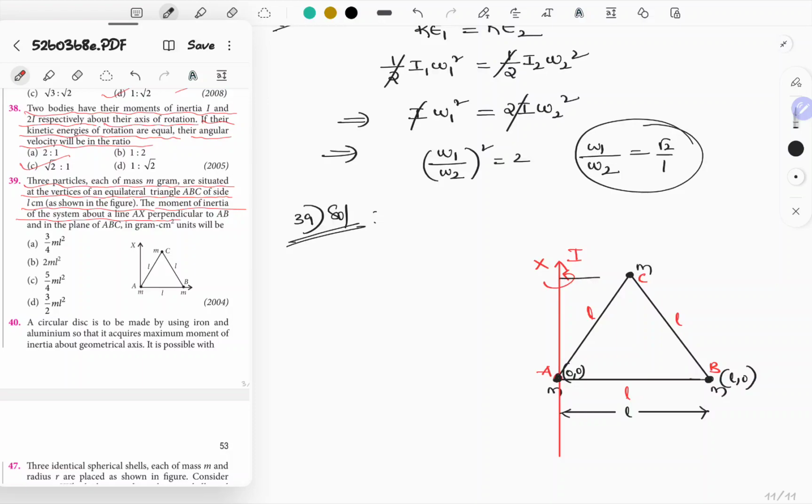Do I know the coordinates of this particle? This is what I have to find out, and it is going to be L by 2, right? I need the distance of separation from the axis of rotation. So I represented the different positions of those particles from the axis of rotation.